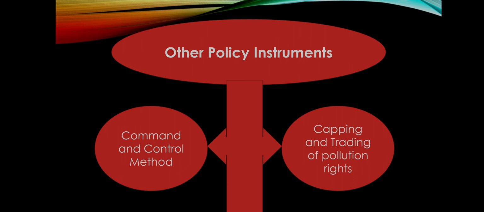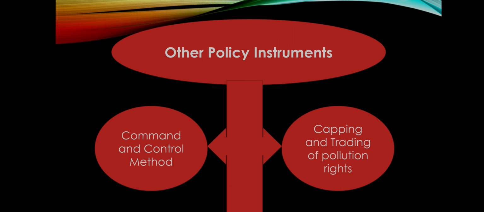Only this much emission you can do, this much pollution you can do, beyond which you cannot pollute the environment, beyond which you cannot emit any smoke in the atmosphere. The government itself gives some rights to each business unit.